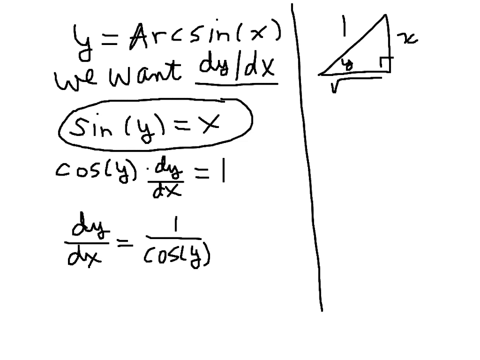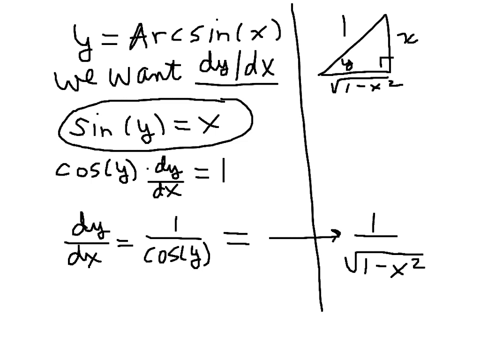That forces this side to be the square root of 1 minus x squared. And so therefore, dy/dx is equal to 1 over the cosine of y. And if we look at our picture up there, that's simply going to be 1 over the square root of 1 minus x squared. And so there is the derivative of arc sine of x.